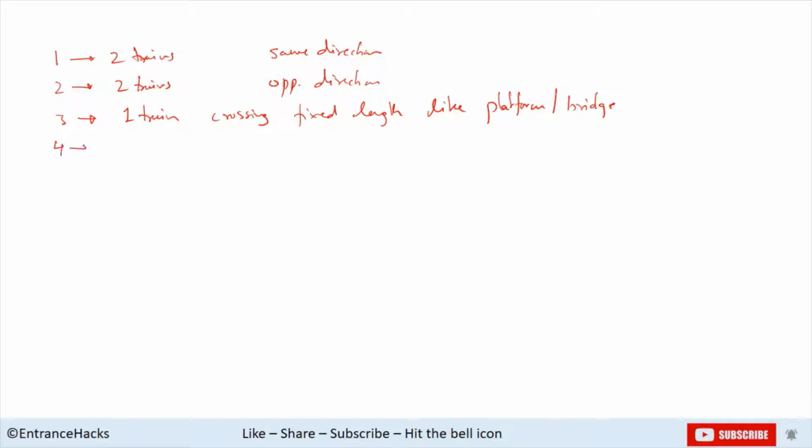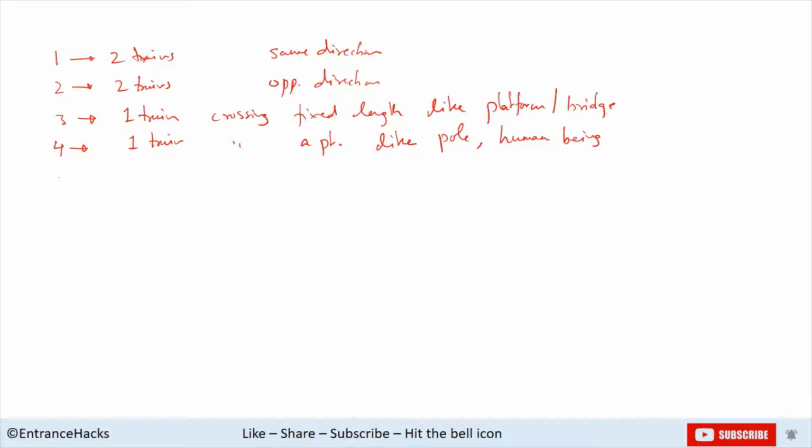The fourth type could be one train which is crossing a point, like a pole or a human being or any point.